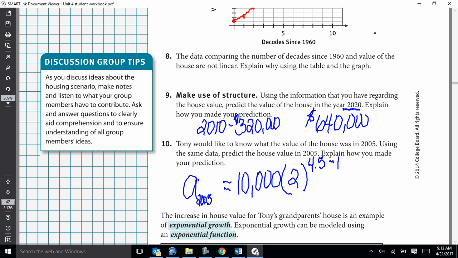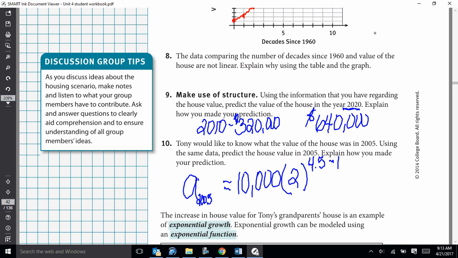Oh, you know what? We started at 0, right? So do we have to do the 1 minus 1? No, because we started at 0. That's why. All right. So do it again. So you did it correctly.